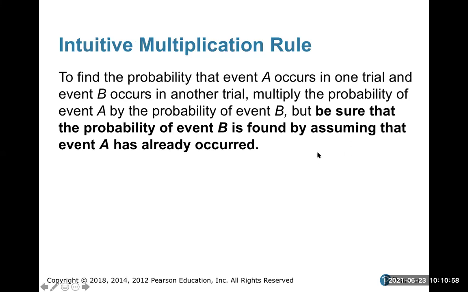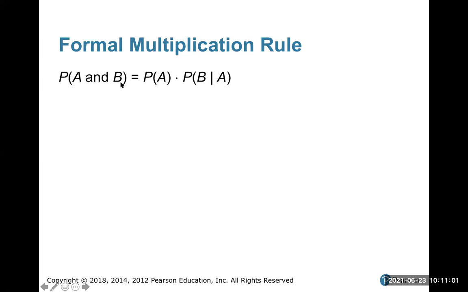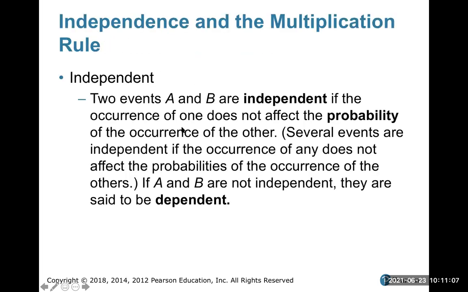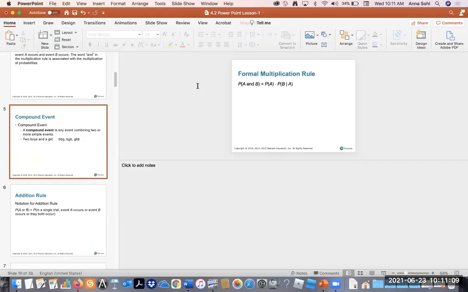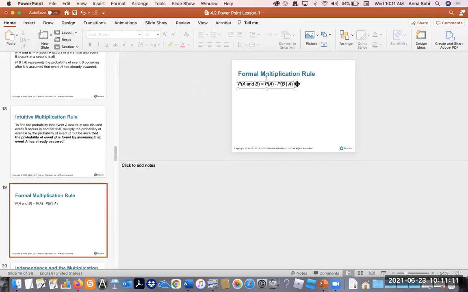For the AND, we said it's the same thing as multiplication. So it's two trials. When you say probability of A and B, it's the same thing as probability of A times probability of B, assuming that event A already happened.